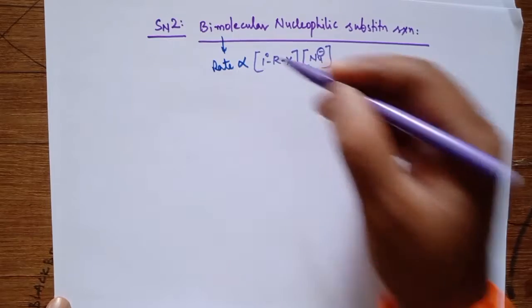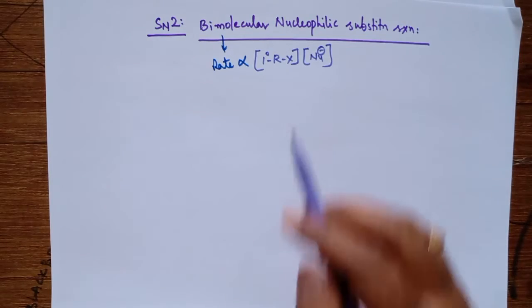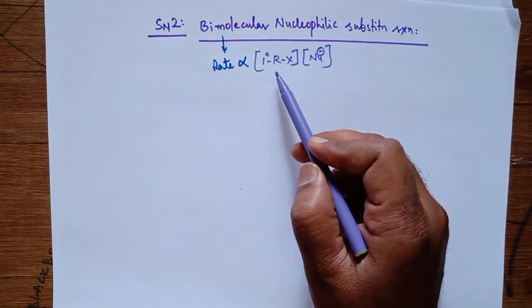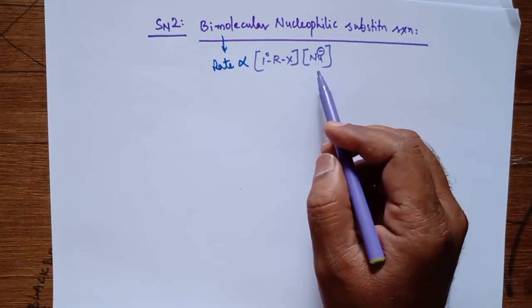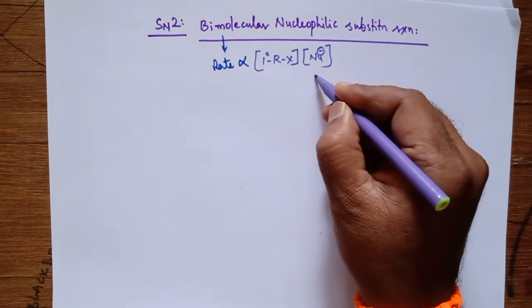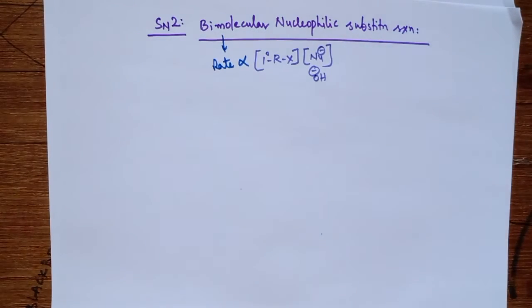So what is rate? The speed of reaction, right? The amount of product formation generally depends upon two components. One is the primary alkyl halide, the second one is the nucleophile. Nucleophile here means OH minus, in this example we are discussing OH minus.